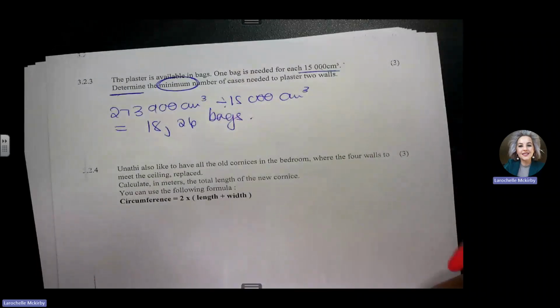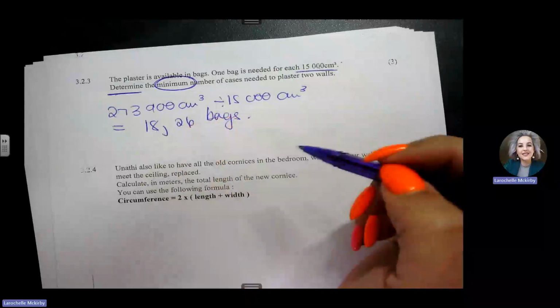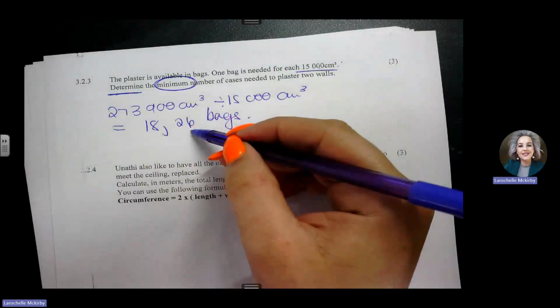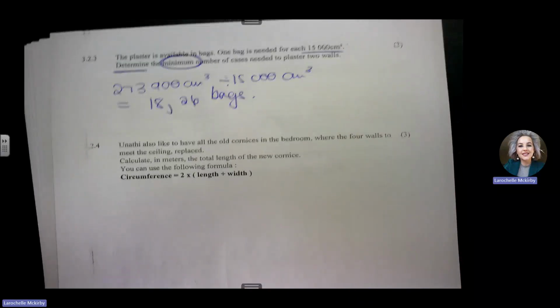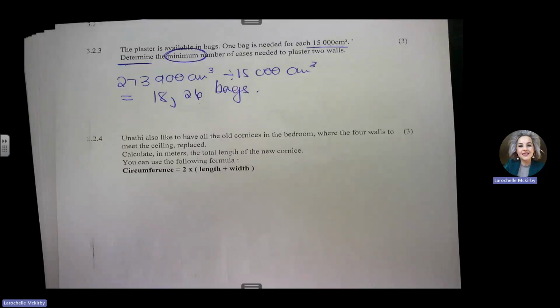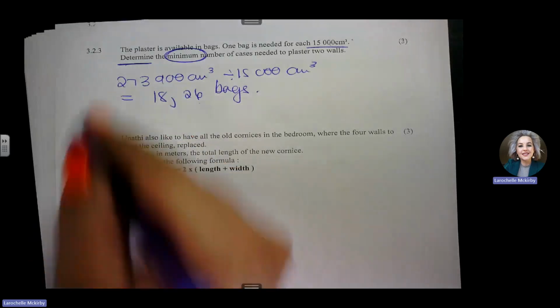Okay, but you can't go into Builders and tell the people, okay, people, load 18 bags onto my trolley, and then the last bag you just scoop out some cement or plaster for me. They won't do that. So what is the amount of bags you will need to buy from the store to be able to plaster this wall?